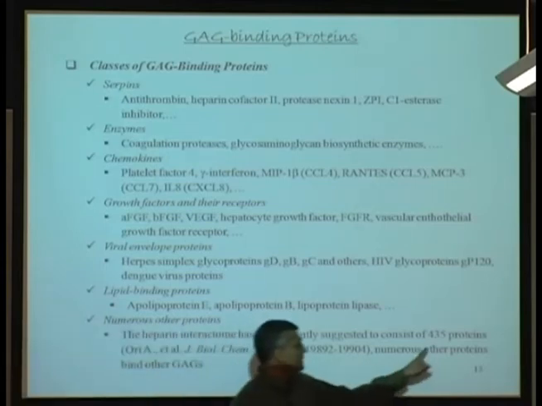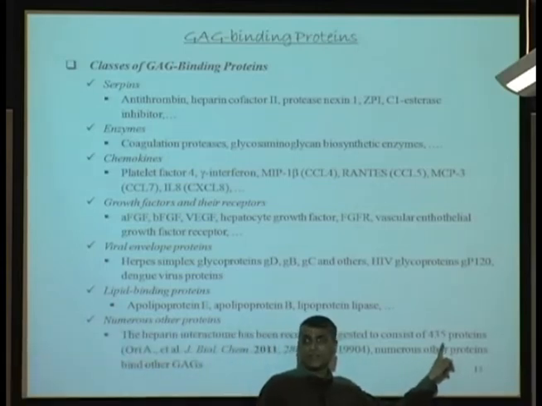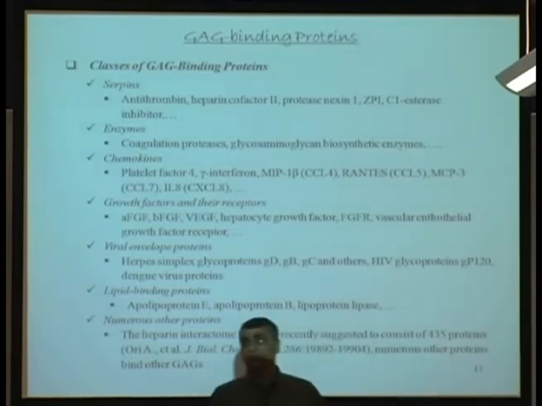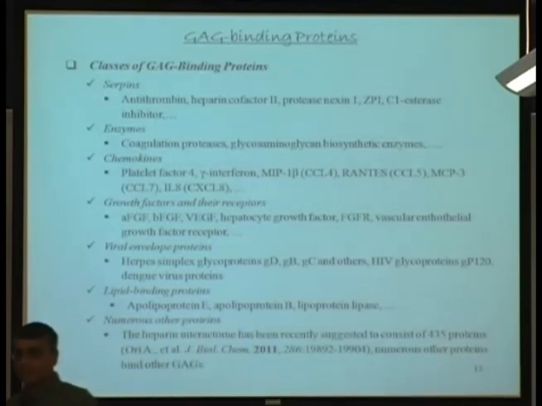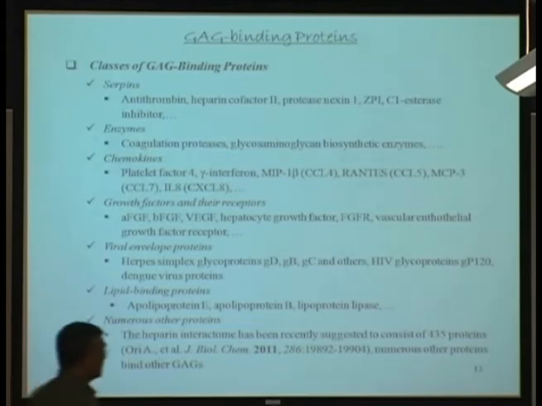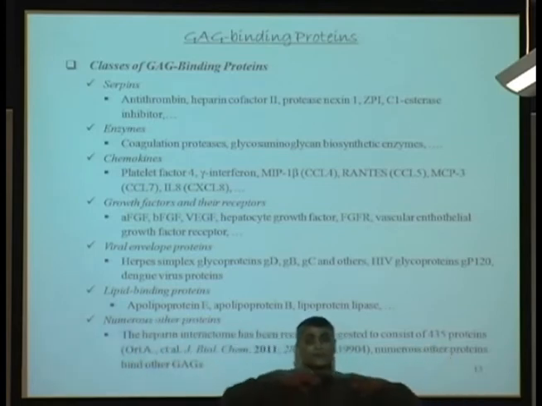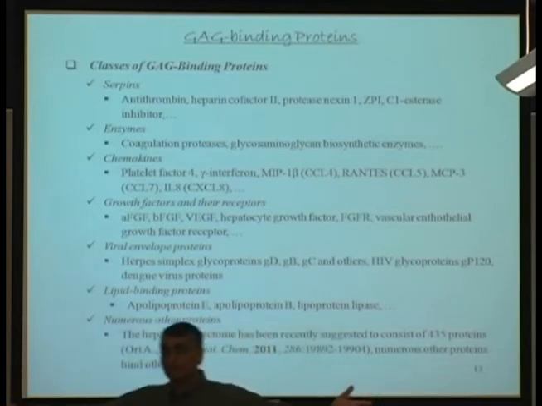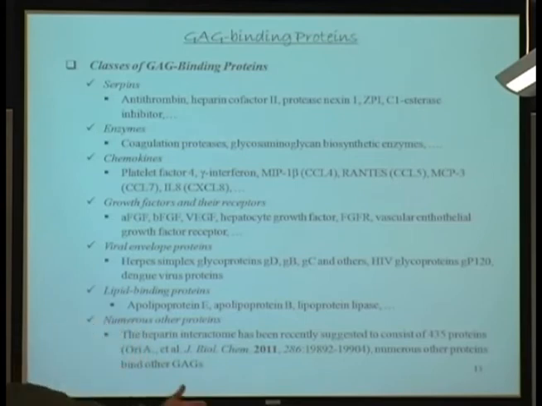There are 435 proteins that they suggest actually interact with heparin. Now we don't really know whether all of these interactions are physiologically relevant, whether they are specific or non-specific, or whether we can exploit them for pharmaceutical purposes. But you can imagine the number of proteins that we can work with. It's a huge number.